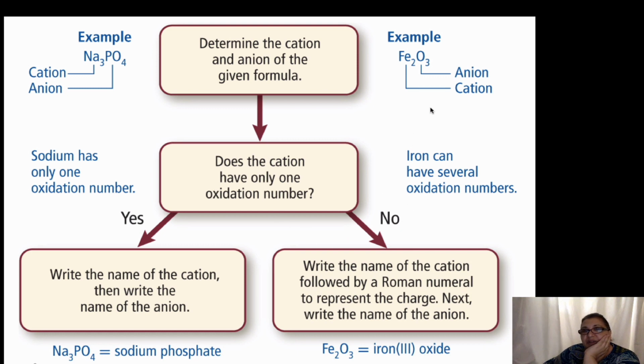Now, when we look at this, iron is a transition metal, so it takes a Roman numeral. It takes 3. You can undo the crisscross, so that you get the Roman numeral from the oxygen. So iron 3 oxide, and in this case, phosphate has a negative 3, so it takes 3 sodiums for every 1 phosphate.